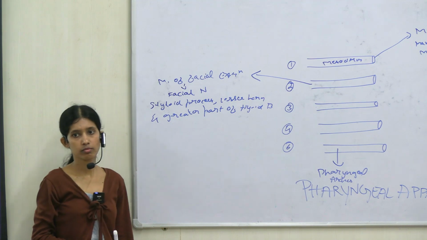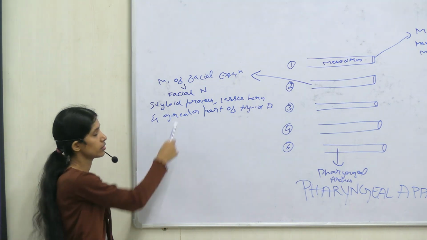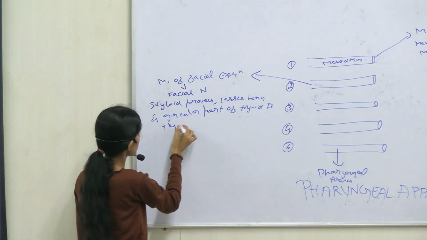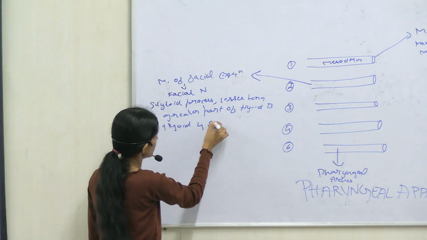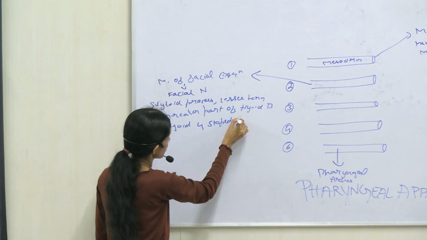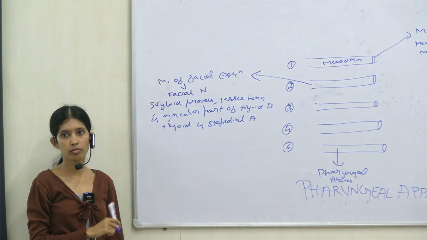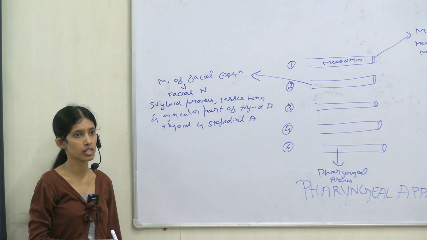And the arteries for your second pharyngeal arch are the hyoid artery and stapedial artery. Is it clear for everyone? First and second pharyngeal arch.